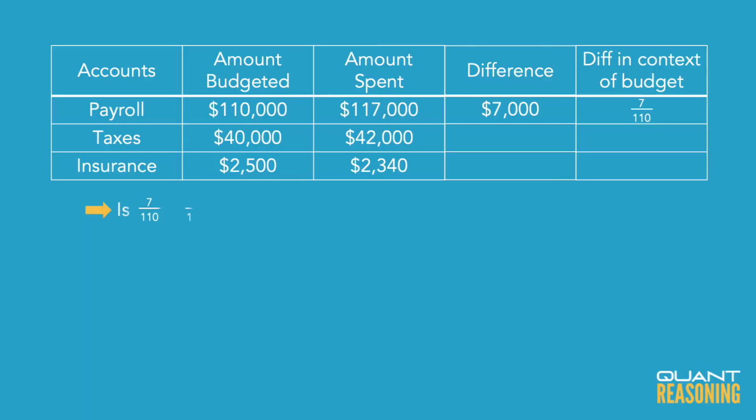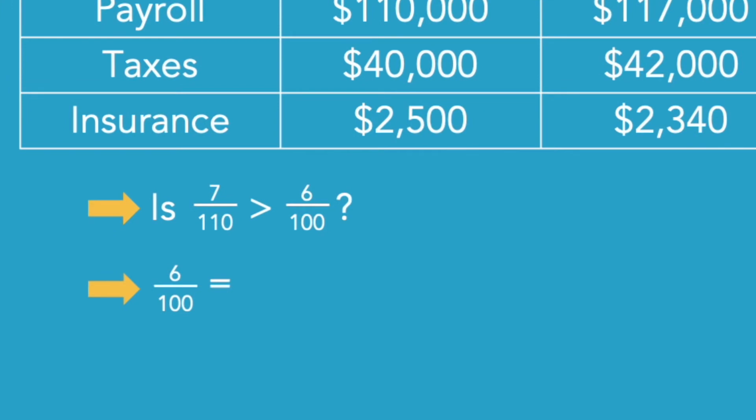Now there are a lot of good ways to do this comparison, but I think the easiest one, at least for me, is to look at how the denominator 110 is exactly 1/10 more than the denominator of 100. And so if the numerator is also 1/10 more, then they would match. But our numerator over the 100 is 6, and if I increase that by 1/10 of itself, that would be 6.6.